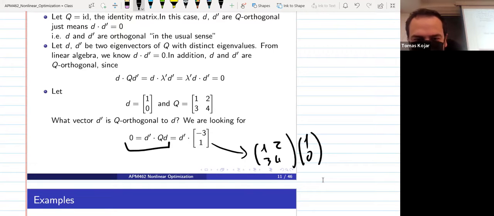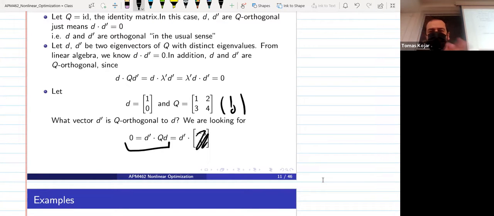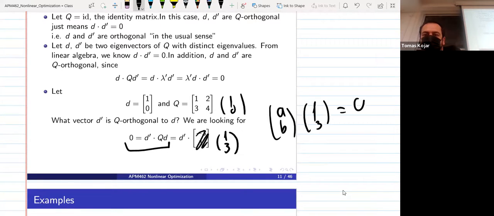What am I doing? I have no idea. This is not right. Yeah, this is (1, 3). I don't know where I'm getting this. Okay, good. So I will solve it on the side. I want (a, b) dotted with (1, 3) to be 0, so I want a plus 3b to be 0.